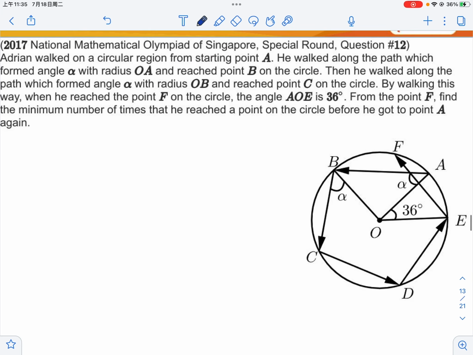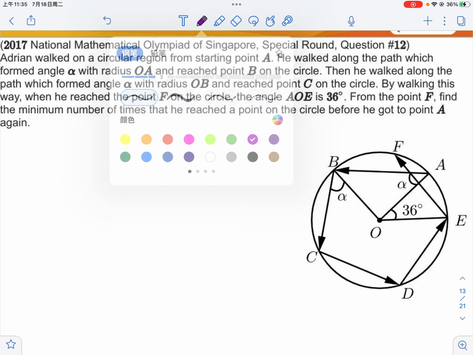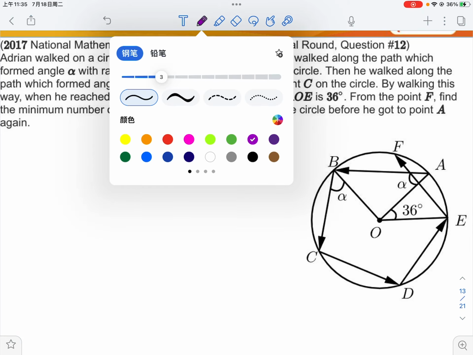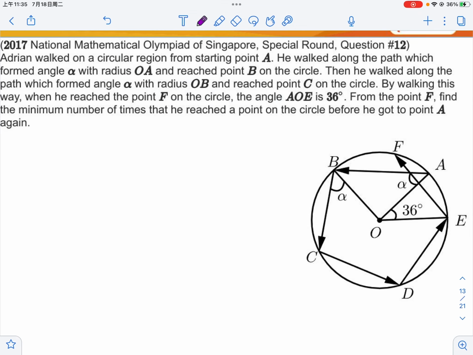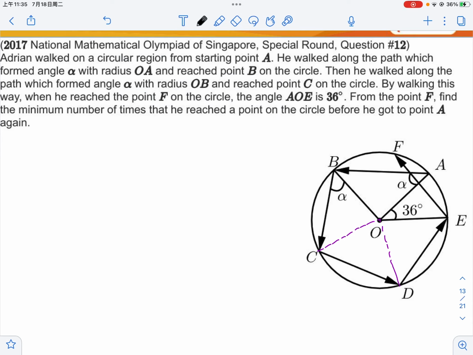Okay. Now let's look at this question. For this question, maybe you think it's hard, but actually you just connect this line and this line. Then tell me, the total angle that rotated relative to center O should be what?